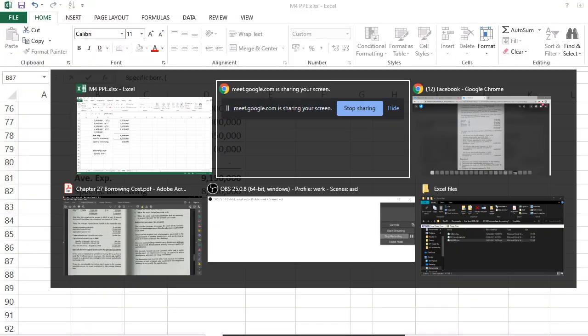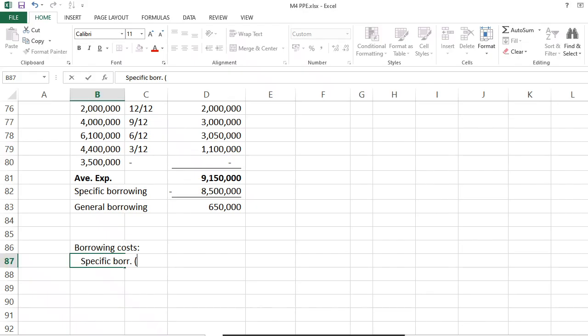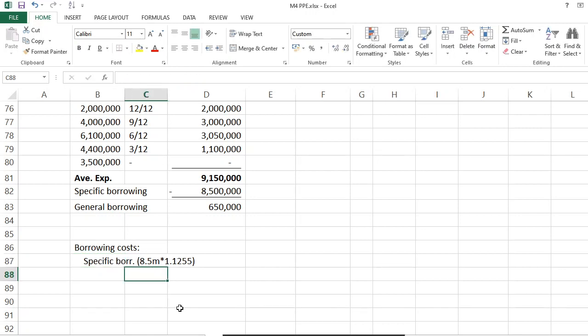That would be 8.5 million times 1.1255. Sige, pila ni guys? That is, sige, 8.5 times 1.1255.